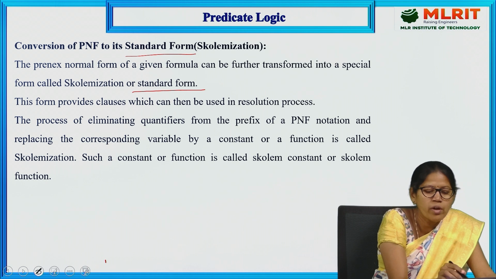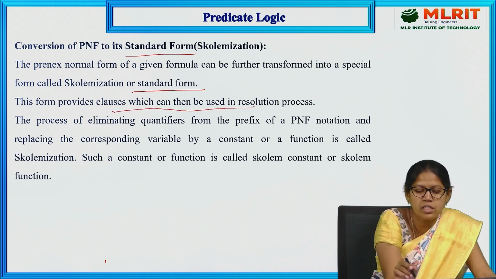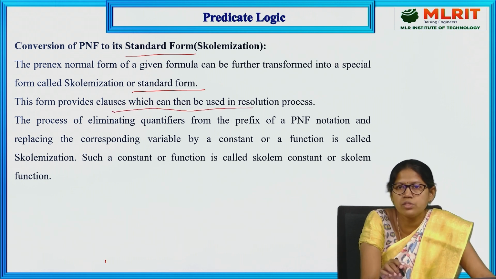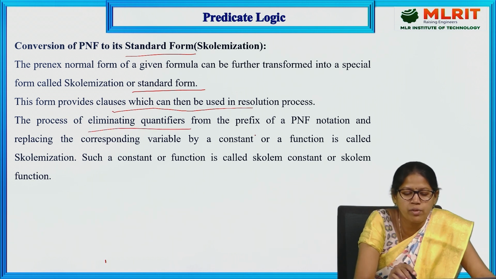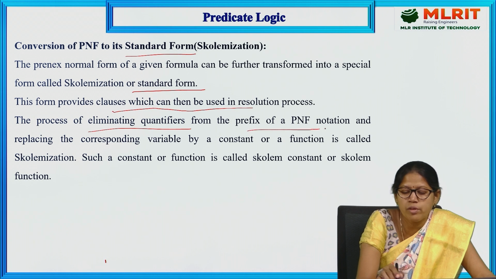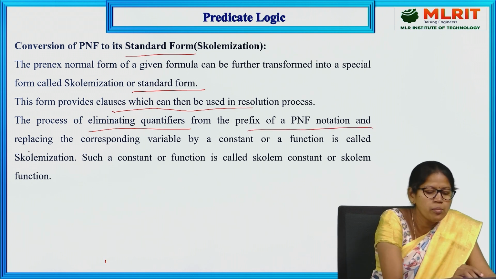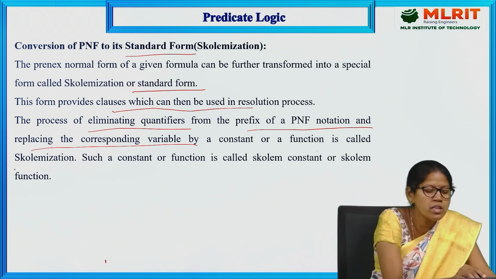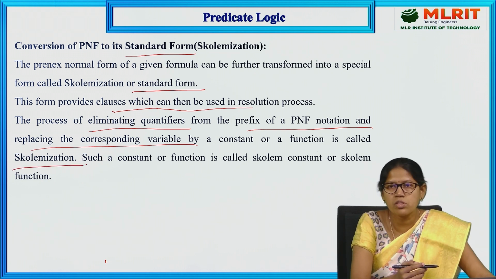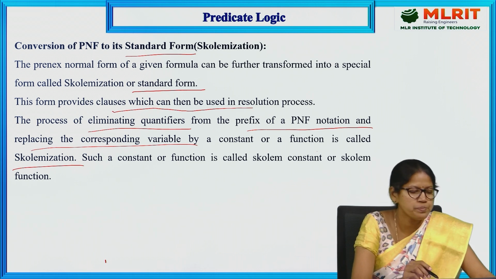This form provides clauses which can then be used in the resolution process. The process of eliminating quantifiers from the prefix of a PNF notation and replacing the corresponding variable by a constant or a function is called Skolemization. Skolem constant or Skolem function.